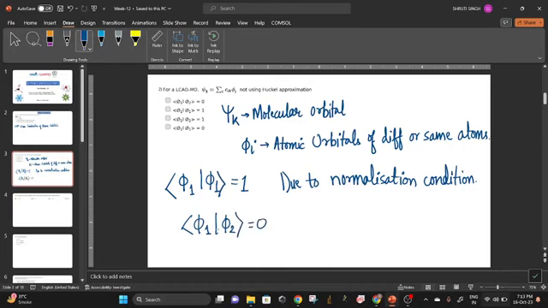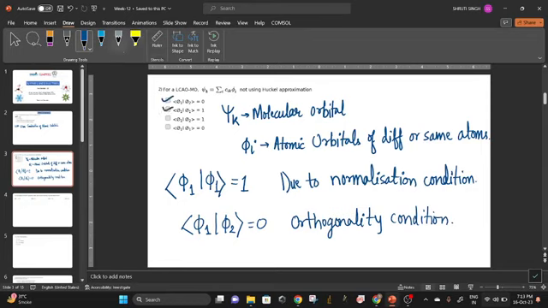So psi 1 and psi 2 of the same atom are orthogonal to each other, the orthogonality condition. So the answer to this question is the first one and the second one.